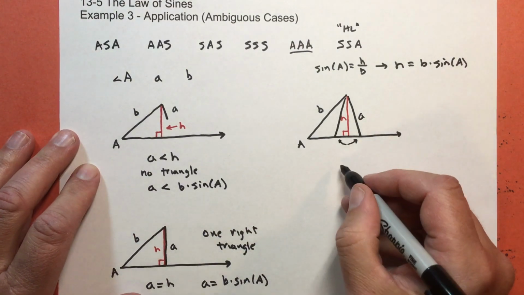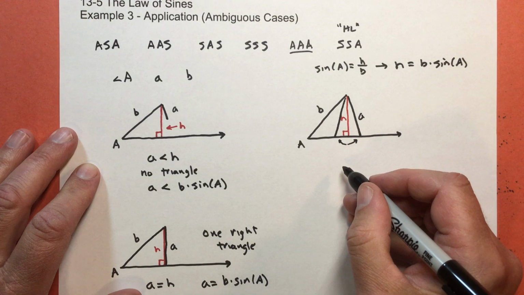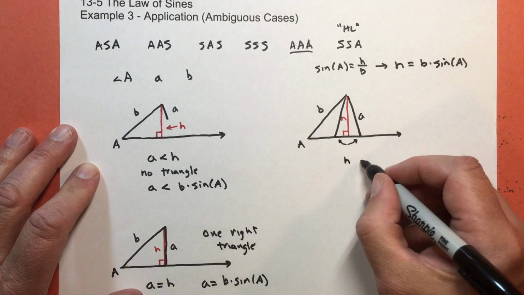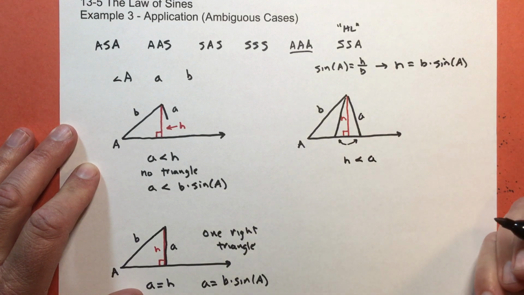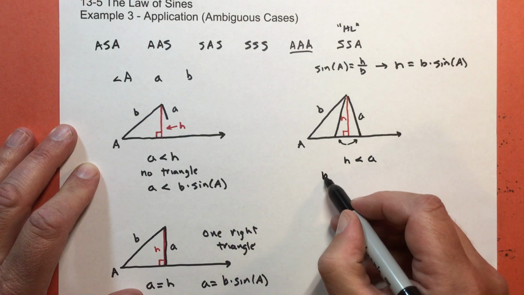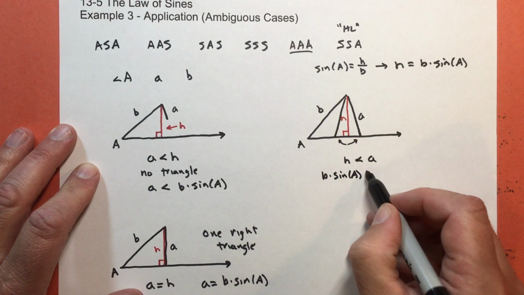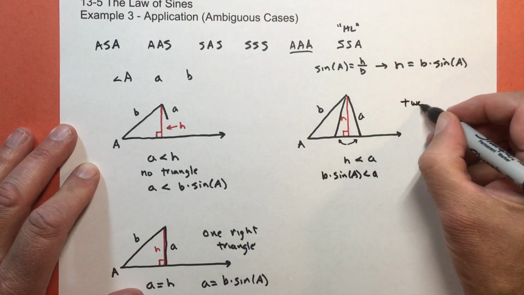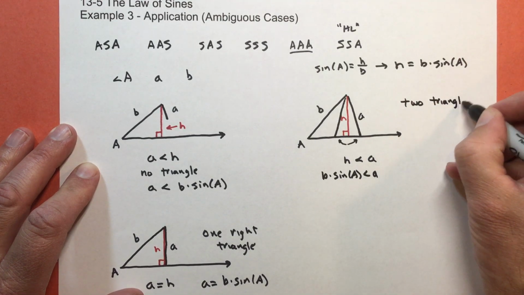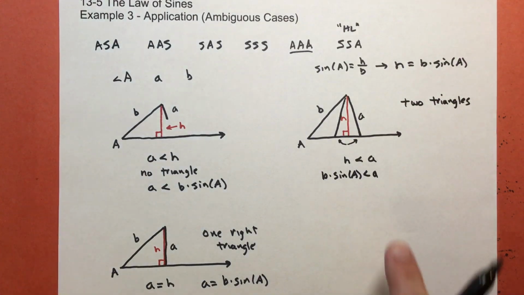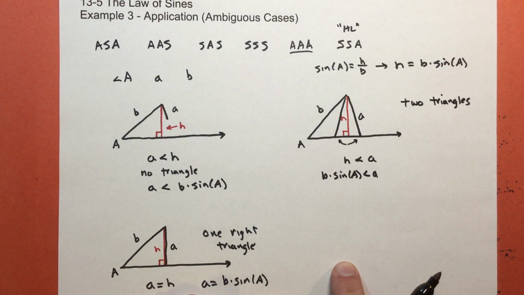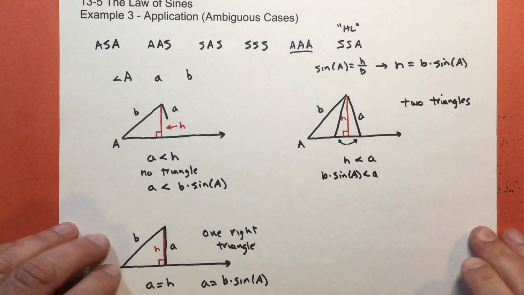So, if H is less than A, and again this means B times sine A is less than A, I'm going to get two triangles. But there's one more thing I need to add here that's going to make sense when I write the last thing that's going to happen. So I'll come back and modify this one after I draw the last one.